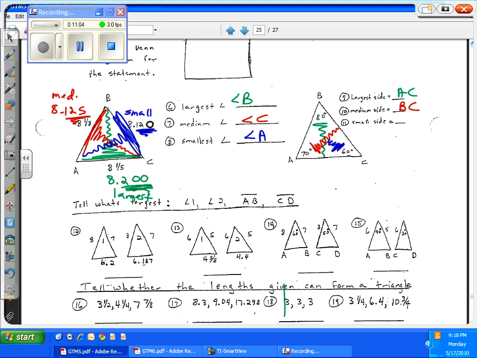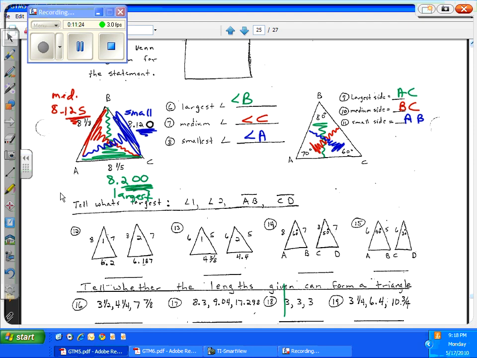The smallest side will be opposite the smallest angle, and so the smallest side is side AB. Any questions on that? Okay.